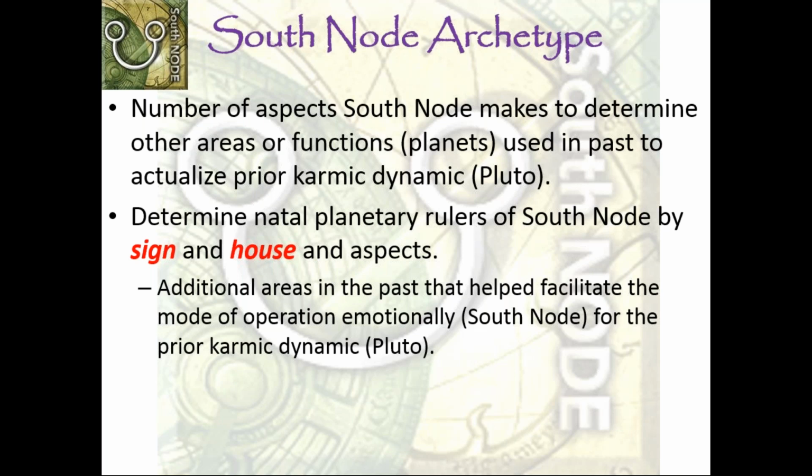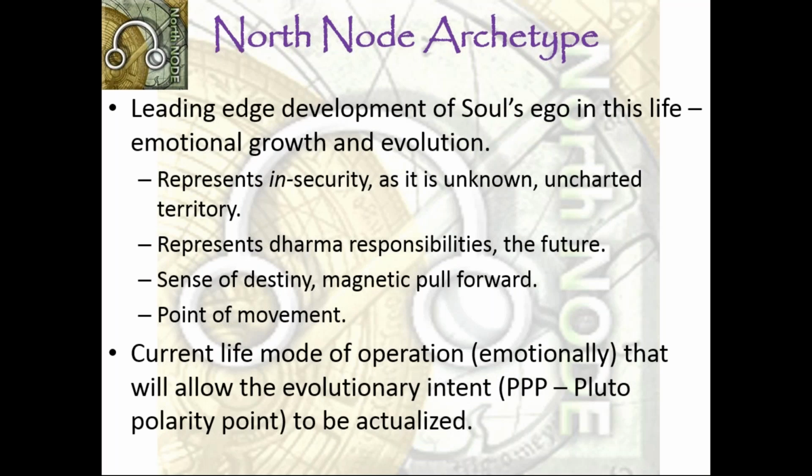You can even include their aspects, and that will give you more information on how the ego operated on emotional levels in the past with natal Pluto. Again, we'll get into an example with a specific chart.